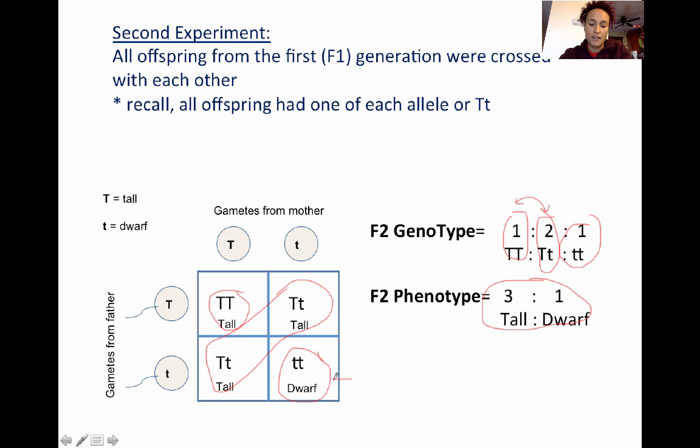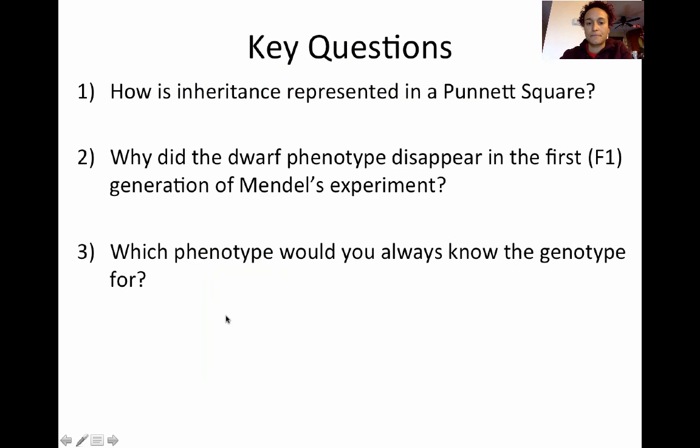Also notice that the only time we actually see this recessive phenotype is when we have both recessive alleles. So anytime you see somebody who has blue eyes, you know that they're going to have two blue eye alleles because blue eyes is recessive. But if someone has brown eyes, you're not going to be sure whether or not they're heterozygous or whether or not they're going to have two dominant alleles.